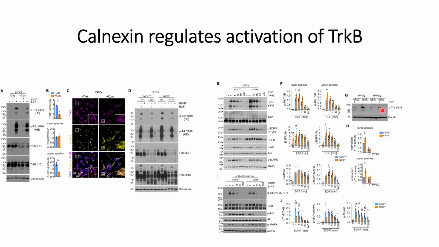So in this case we can see that phosphorylated TRK is present more in the Calnexin knockout when this inhibitor is not present. However, when these inhibitors are present, phosphorylated TRK goes down. When they quantify these things, they find that this pTRK intensity goes down in the Calnexin knockout in the lower species and also in the higher species.